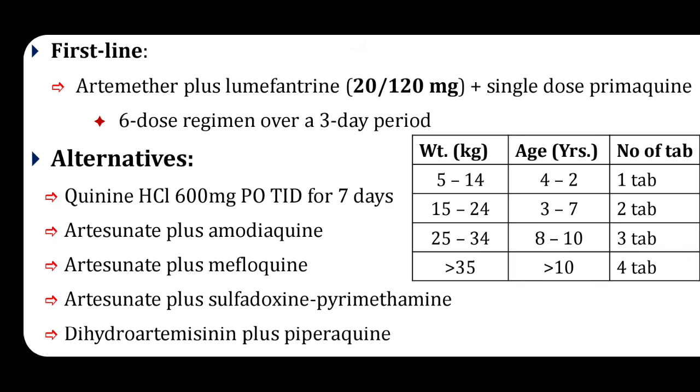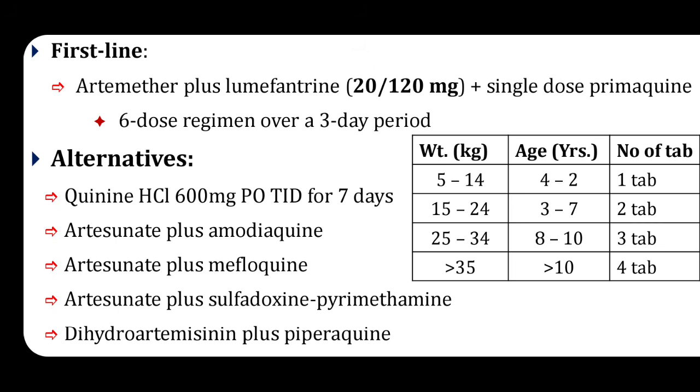If the weight is 25 up to 34 kg and the age is 8 up to 10 years, the patient takes 3 tabs PO BID for 3 days. If the weight is more than 35 kg and the age is greater than 10 years, 4 tabs PO BID for 3 days of AL or Coartem if the malaria is uncomplicated and P. falciparum species.